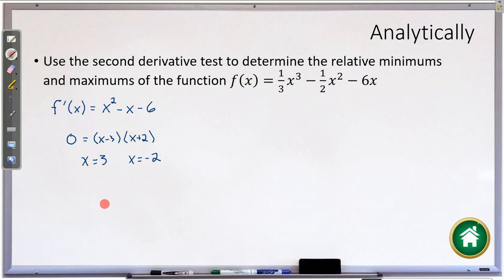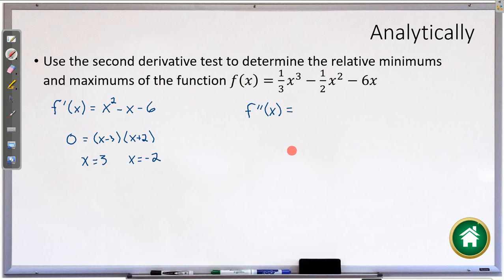And what we did last time was we did the sign chart, and that sign chart is technically the first derivative test. What we're going to do is the second derivative test, and that just again determines whether this one is a min-max or neither, or whether this one is a min-max or neither. But instead of using first derivative logic, we are going to use second derivative logic.